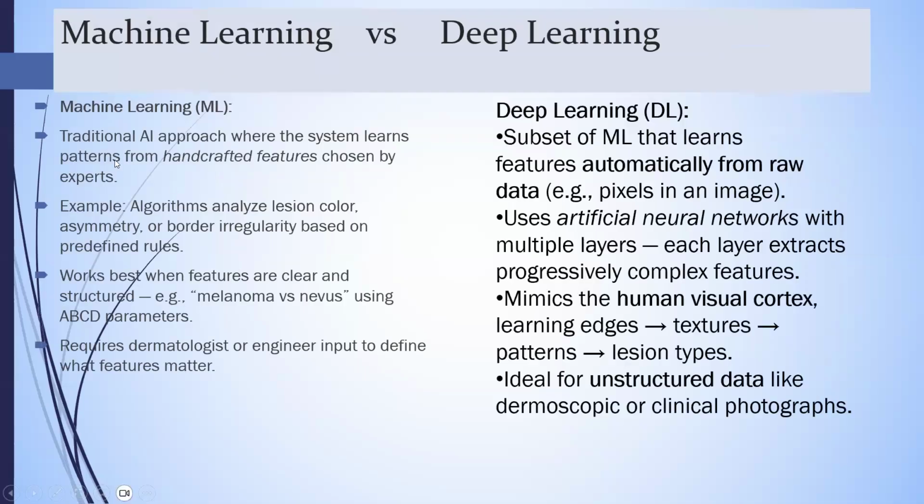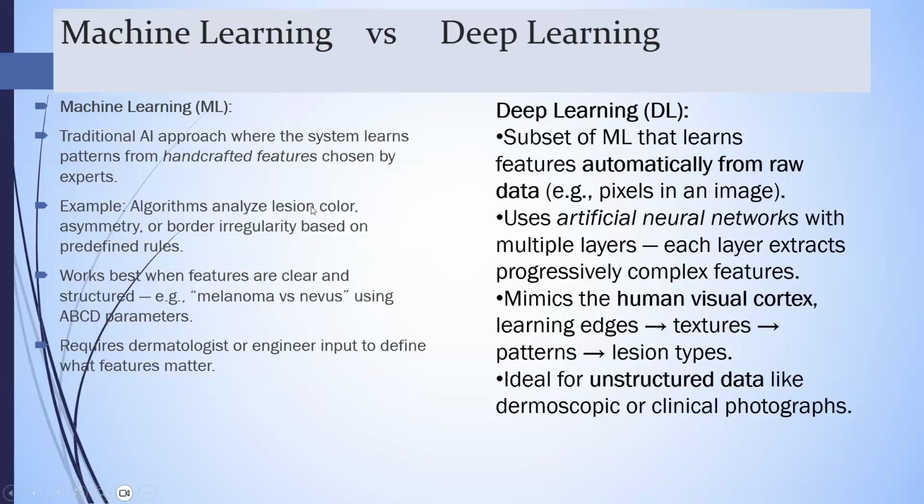Machine learning is the traditional AI approach where the system learns patterns from handcrafted features chosen by experts. I'm going to tell you, this is a U loop, this is a screw pattern, this is a thin vessel, this is a brush-like blood vessel. I am going to give you inputs based on these images, and so many experts will be there, everybody will give their inputs, and that has to be stored and processed.